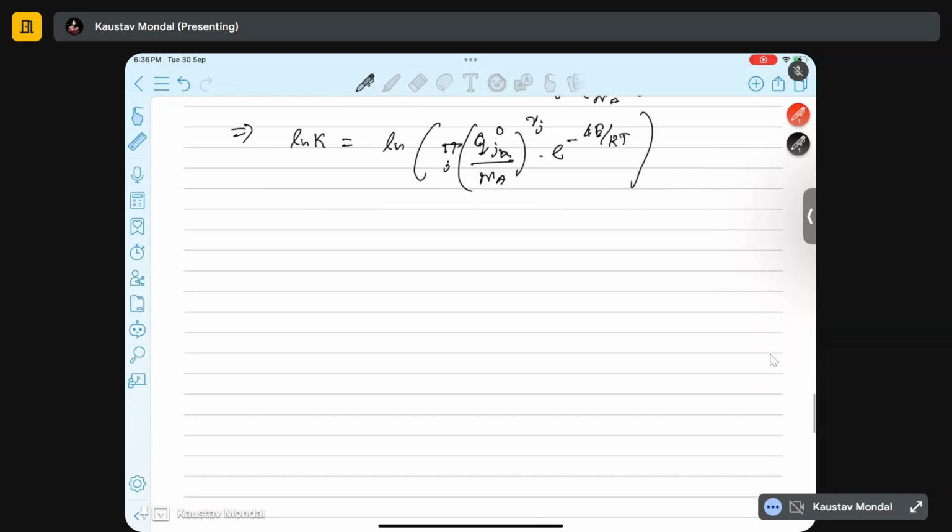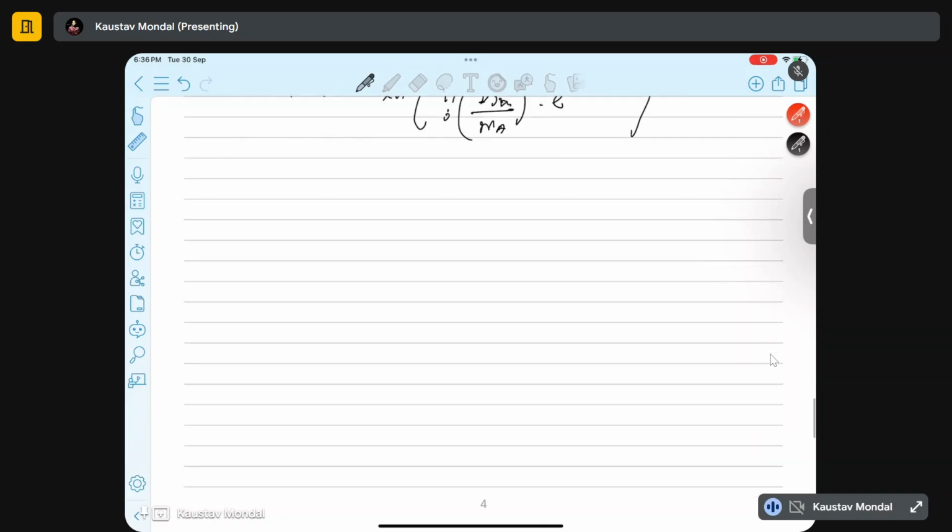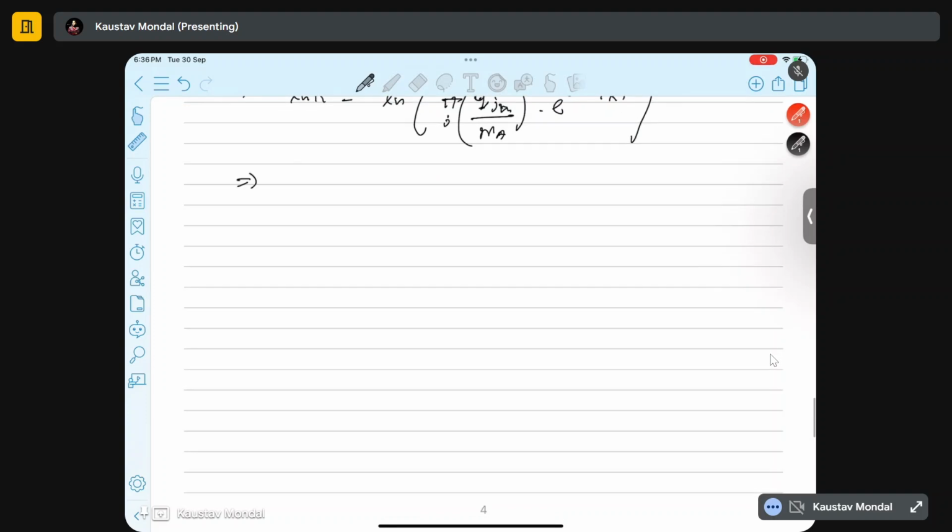So from here, the expression of K would be the product over J of (Q_J N0 by NA) to the power mu J times e to the power minus delta E by RT.